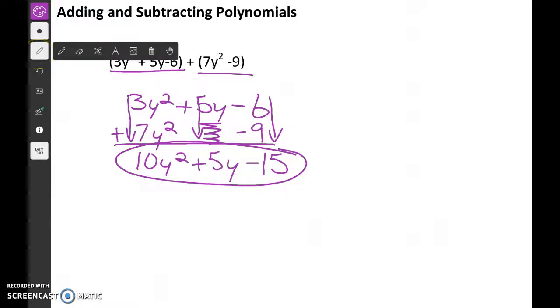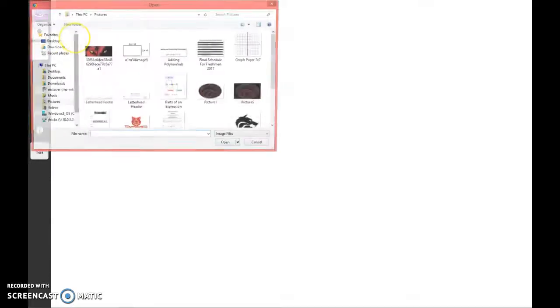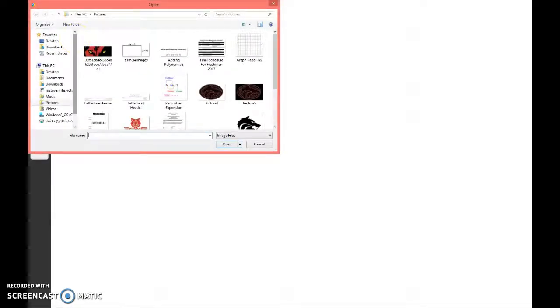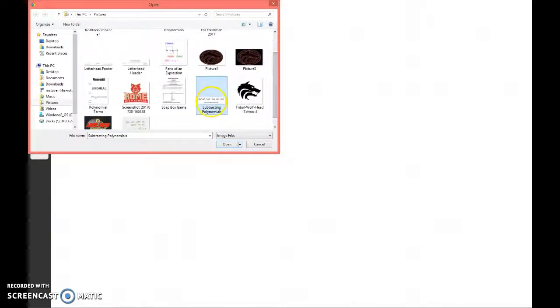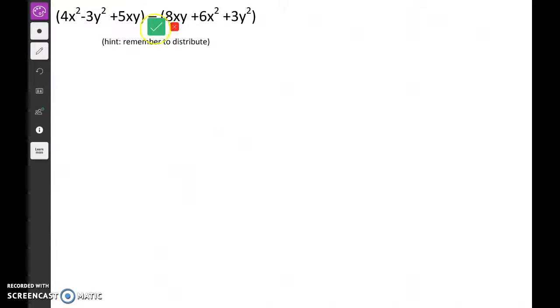Let's look at another example, but this time let's do subtraction. So in our subtraction example, we always have to remember to distribute the negative. That is key in solving these problems.